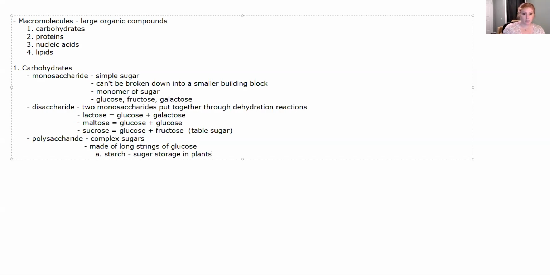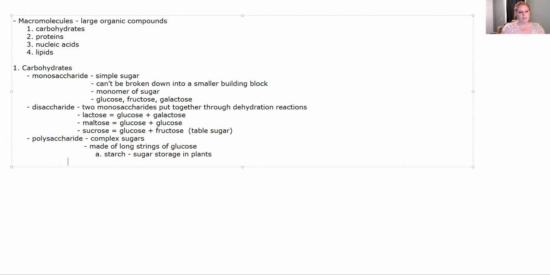Remember that if starch is a polysaccharide, it's going to break down eventually into just glucose. So if you have dietary restrictions concerning glucose, you have to be really careful about how many starches you're consuming, because they break straight down into glucose. So sugar storage in plants is called starch.